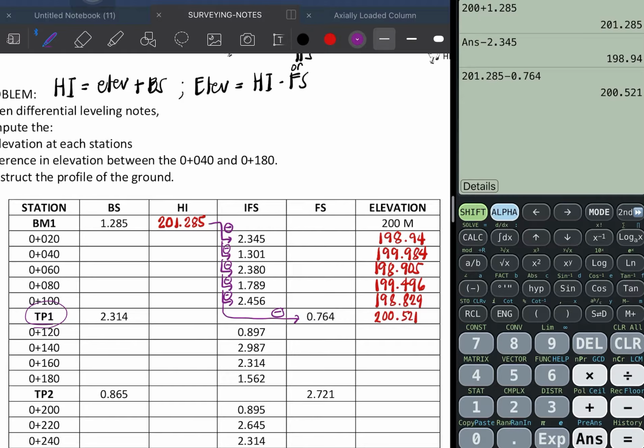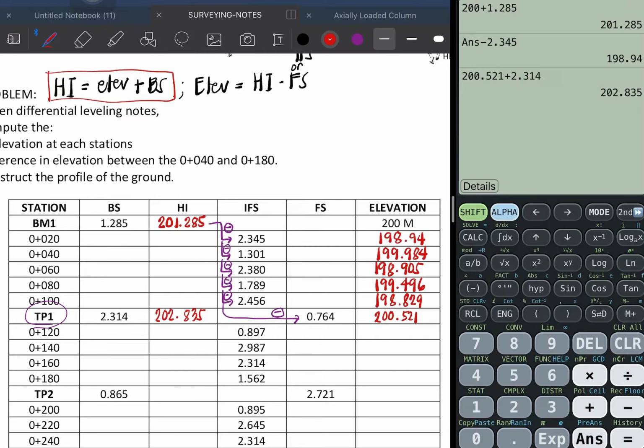And then you have the turning point. So you now have the other height of instrument. The height of instrument is elevation plus the backsight, so 200.521 plus 2.314, that is 202.835.